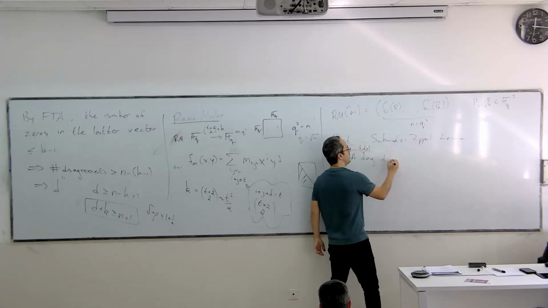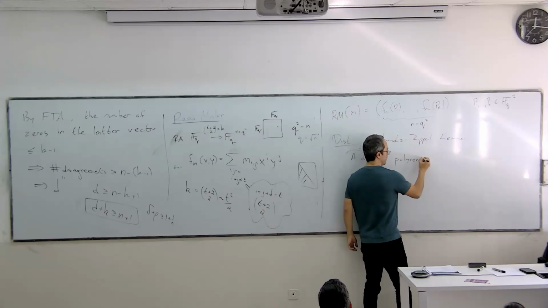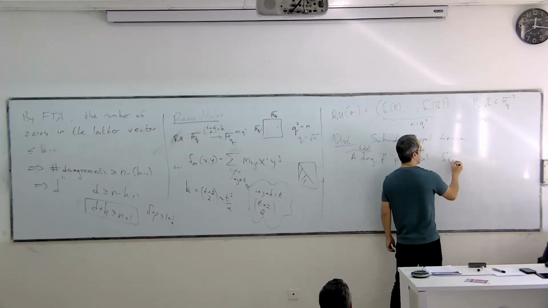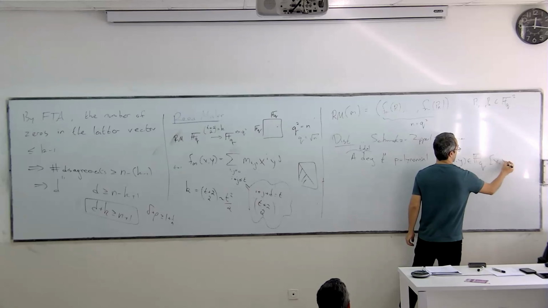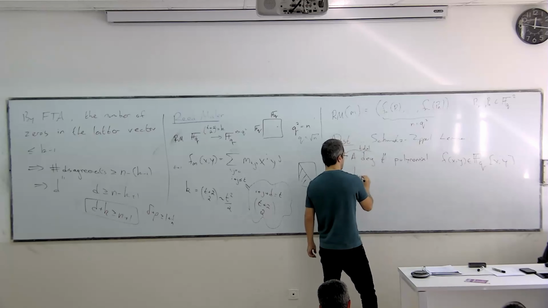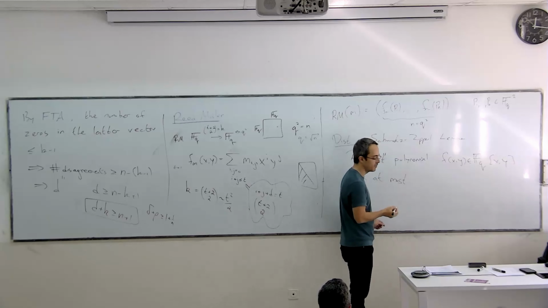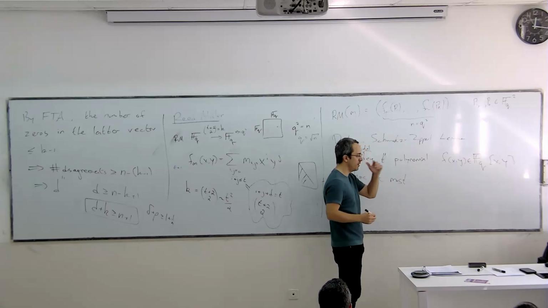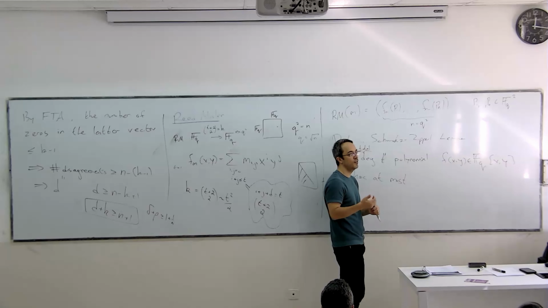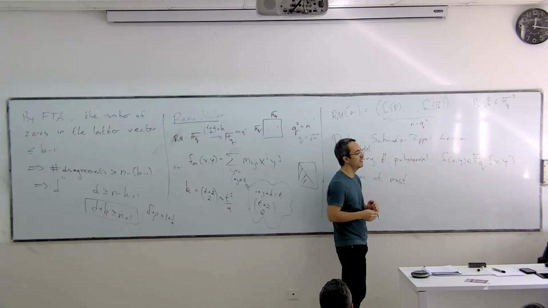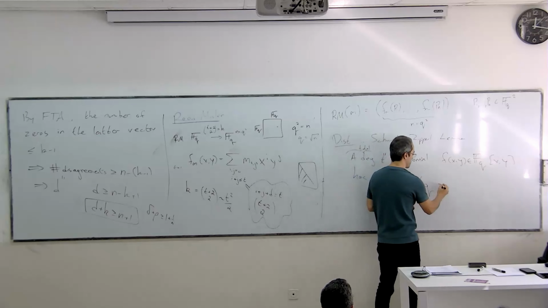So a total degree T polynomial, like ours, over the finite field, has at most how many zeros? If it was in one variable, it could have T. So it's a T over Q fraction: at most TQ zeros.